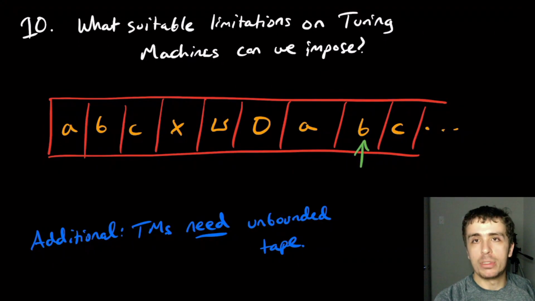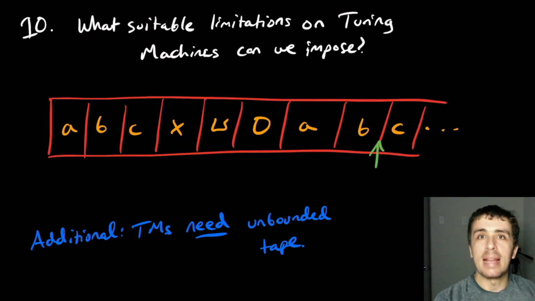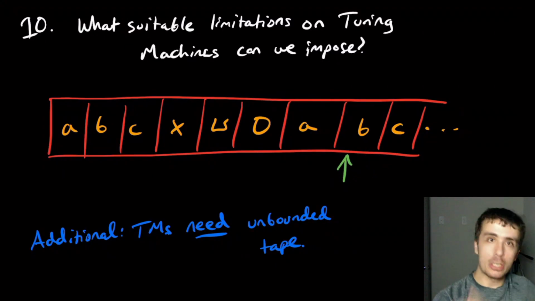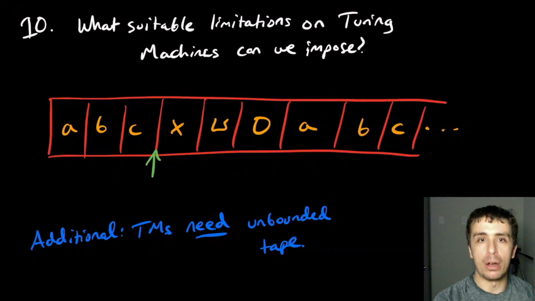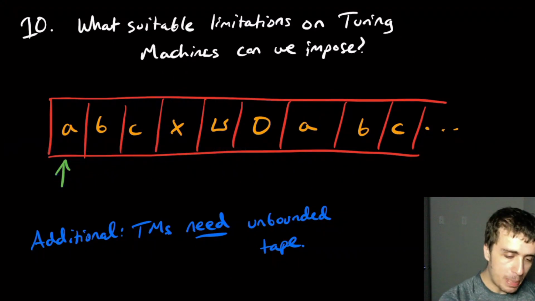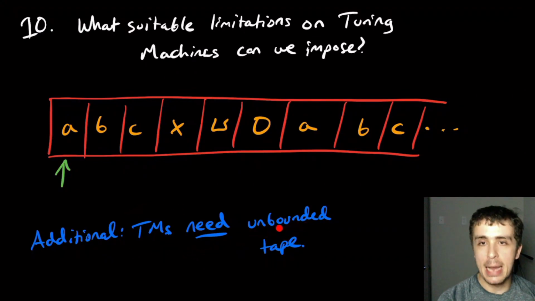And then maybe we'll say, okay, I want another cell and put one there. Then we're now in the land of context-free languages. So suitable restrictions on Turing machines can actually lead to all the things that we care about. And the thing that should be important for you to understand is that Turing machines actually need an unbounded tape because of the reason I just gave.